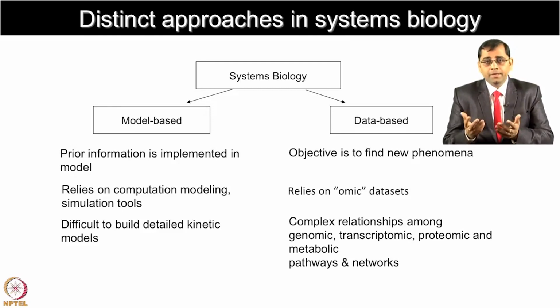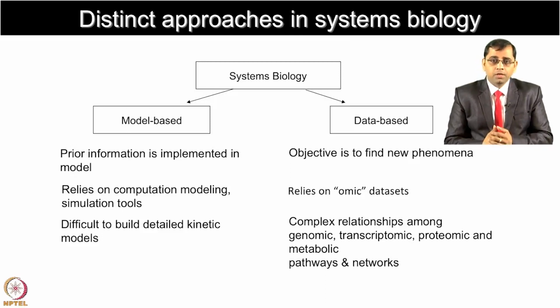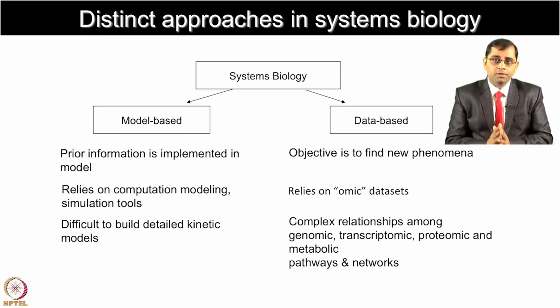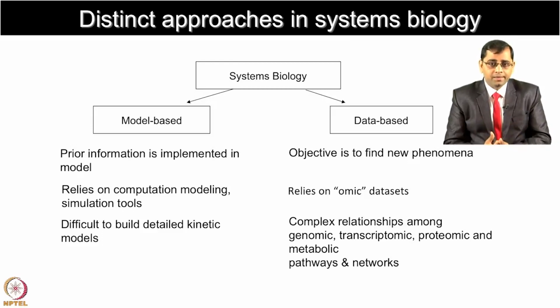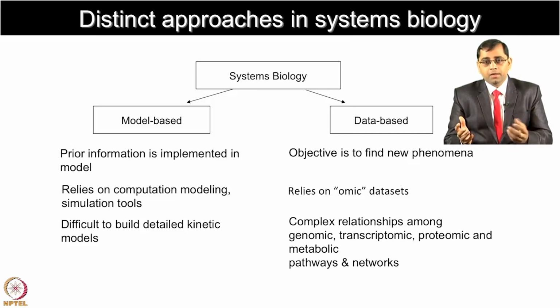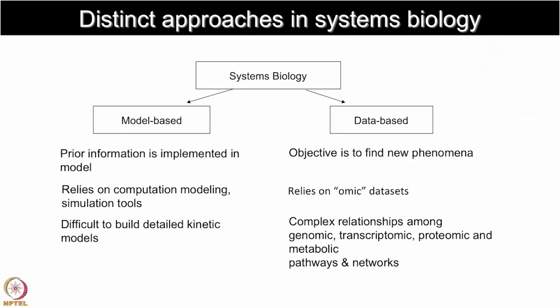Whereas, the data based systems biology approach involves finding a new phenomenon using these kinds of data sets. It relies essentially on various types of omic data sets and looks at their intricate, complex relationships by looking at various components from genome, transcriptome, proteome and then tries to define various types of pathways and networks.